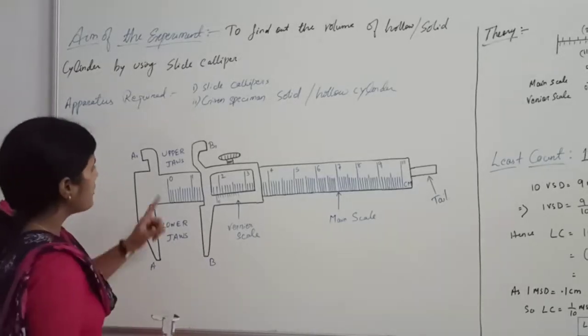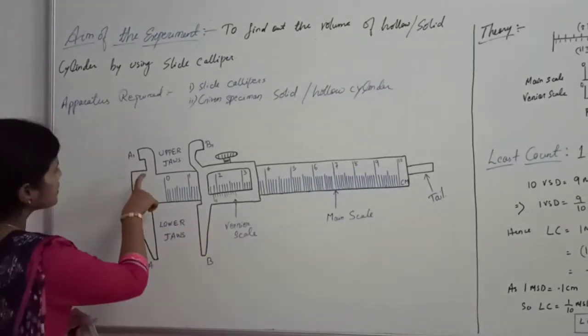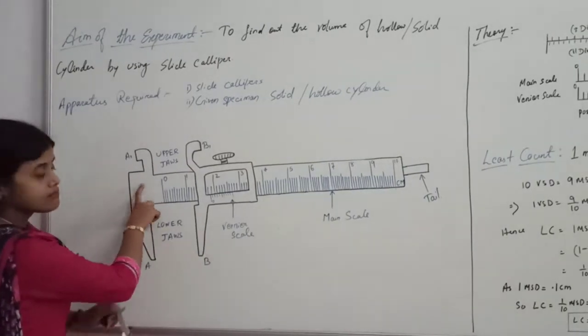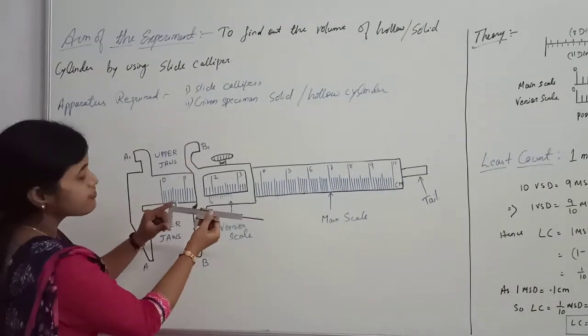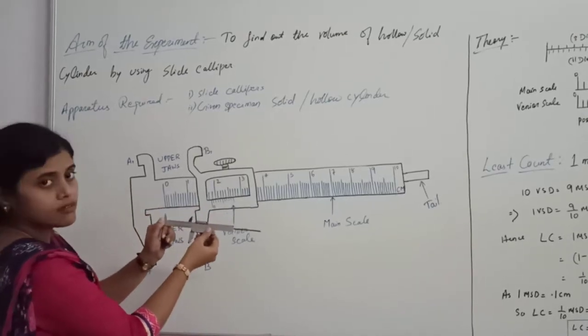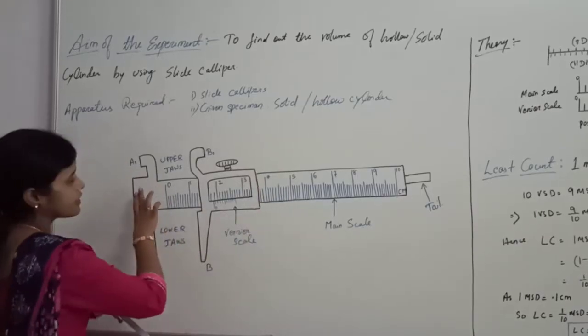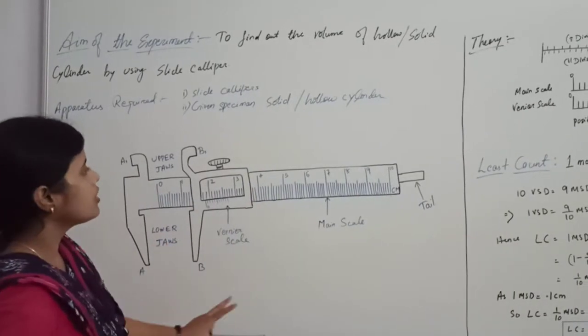So these are the applications. Another thing I want to tell you, this portion is fixed. You can see this is not moving. This is the fixed jaw, and this jaw is moving or changing. So this is movable and this is fixed. So this is about the diagram.